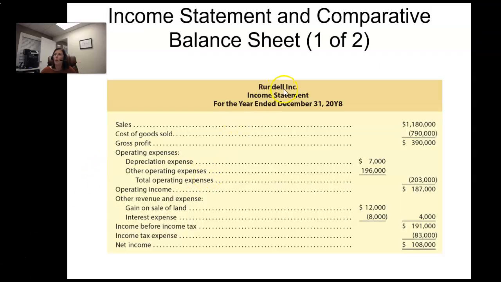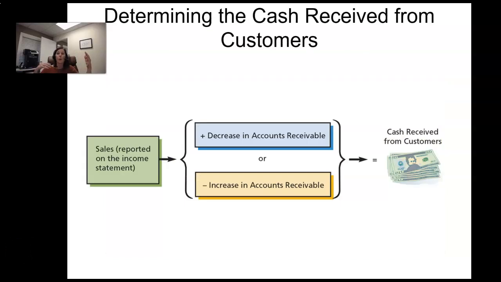And so here we are back at the Rundell Company, and so here are where we're getting the figures that we are about to use when computing this statement of cash flows. So now we need to figure out, how do we convert our sales that we reported on the income statement to actual cash that we got from customers?